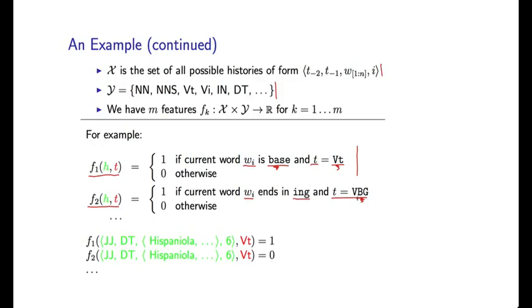Now, you'll start to see something interesting happening here, which is that, in a sense, the first feature is captured by the parameter in an HMM, which is e of base given vt. That is the natural parameter in an HMM which captures the affinity for the word base to be a transitive verb. But this really is a new type of feature which looks at some spelling feature of the word being tagged. In this case, the suffix ing.